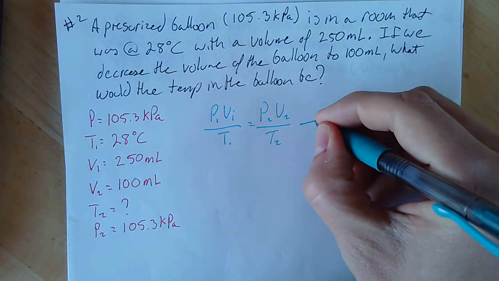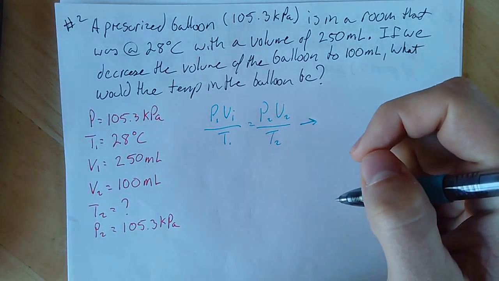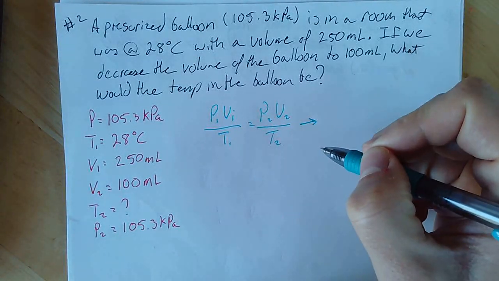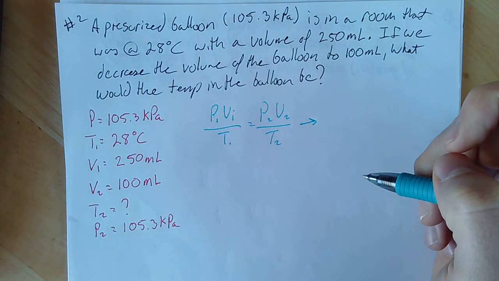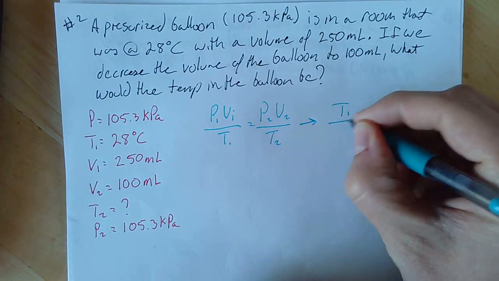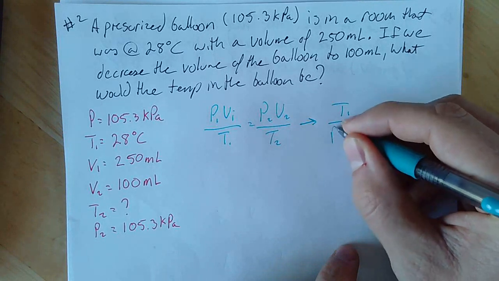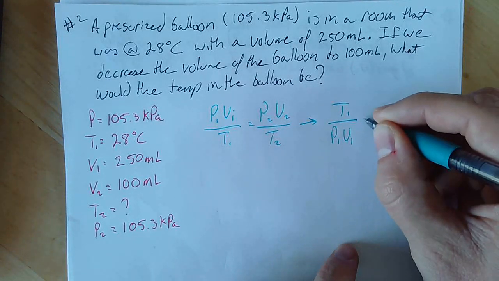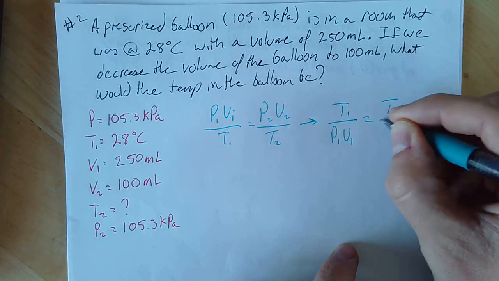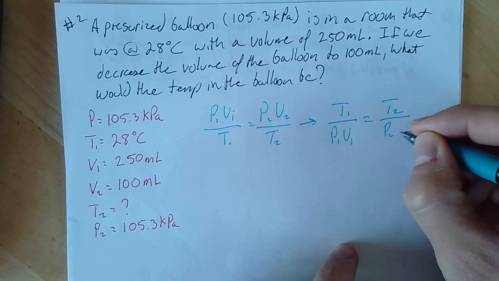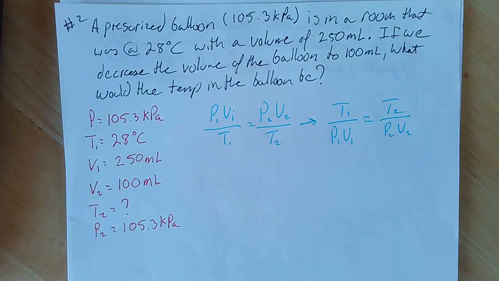So what I would do, anytime you're trying to solve for a T, because it's in the denominator, is flip these ratios right away. So I would say T1 over P1 V1 is equal to T2 over P2 V2. Then you're going to end up with what you want. I know it doesn't seem like a big change, but it is.